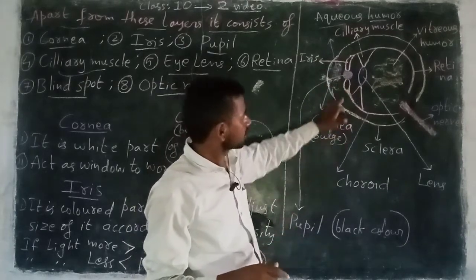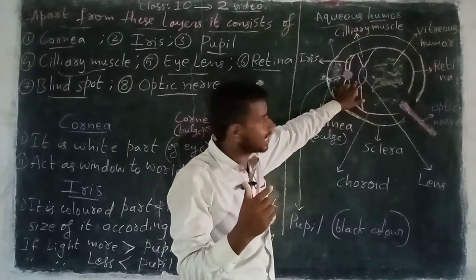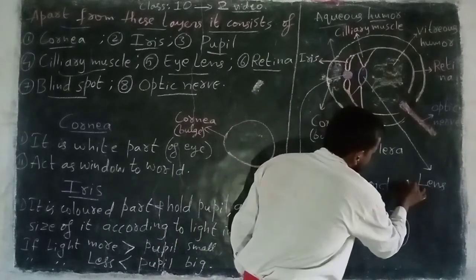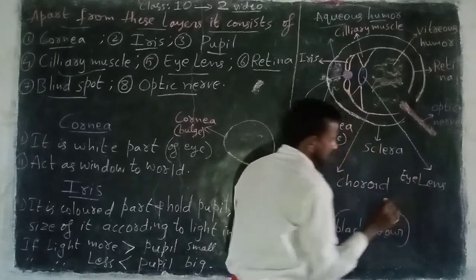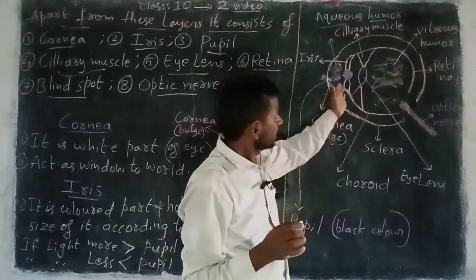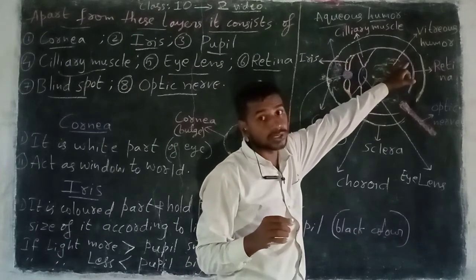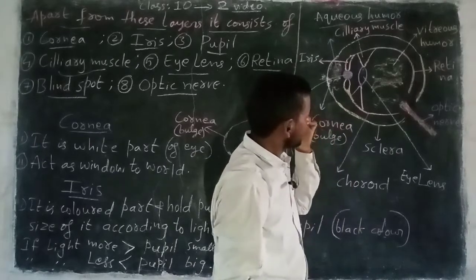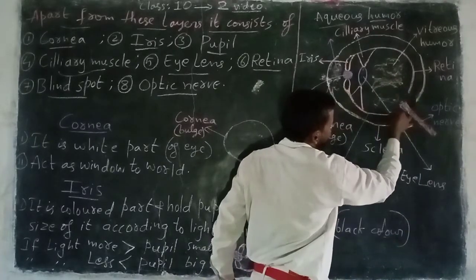After that, look here, the eye lens. After that, there is one liquid. This liquid is named vitreous humor.